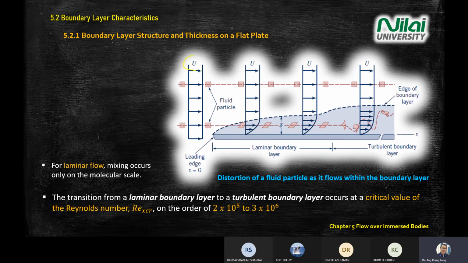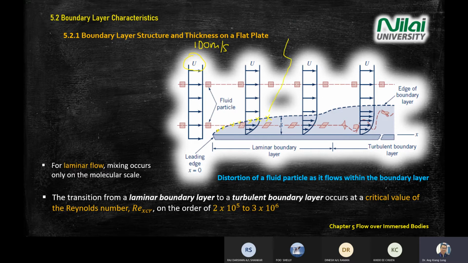Okay, let's say your upstream velocity is 100 meter per second, or your input velocity. Okay, your input velocity is 100 meter per second. So this dashed line here, although we cannot mark it in the real case, theoretically, we can mark all this line here.